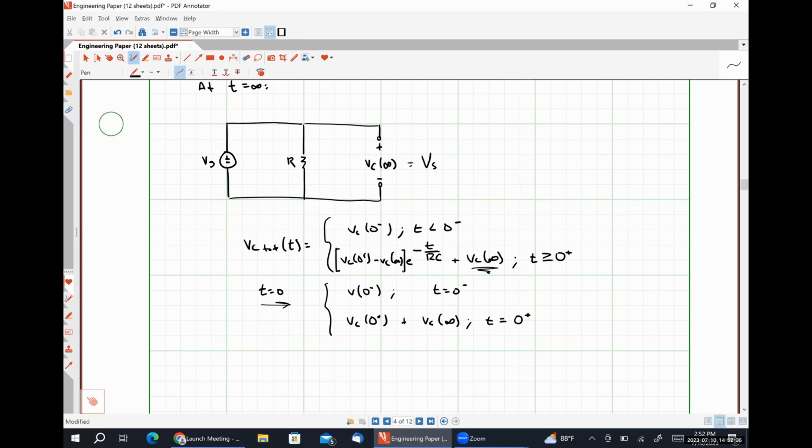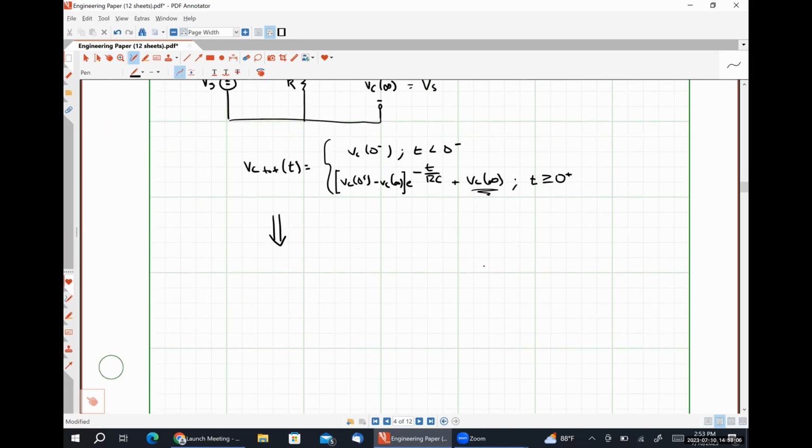And this corrects everything and makes our expression continuous so that at 0 minus, it has a value of 0 minus, and at 0 plus, it has a value of just 0 plus. The infinity parts wind up canceling each other out at that specific instant in time to make this a continuous function.